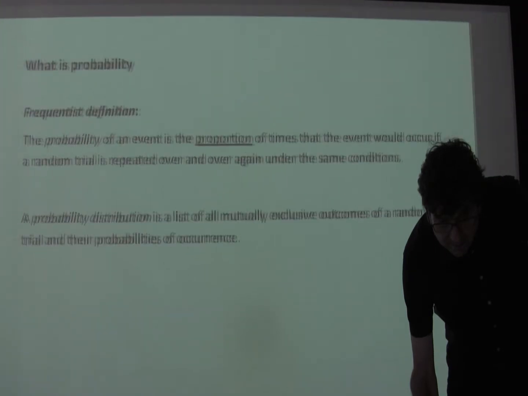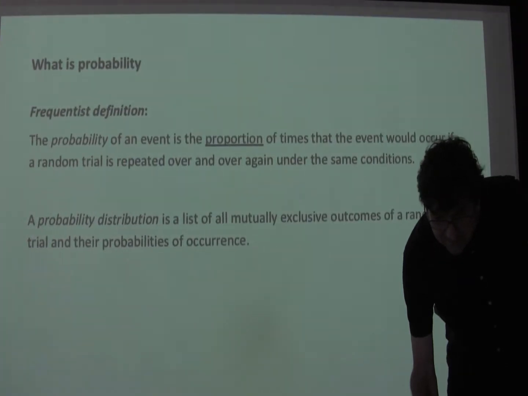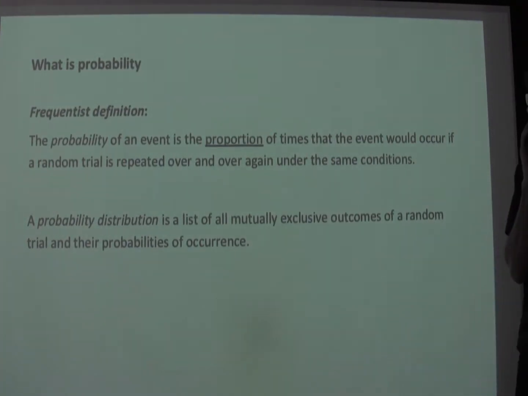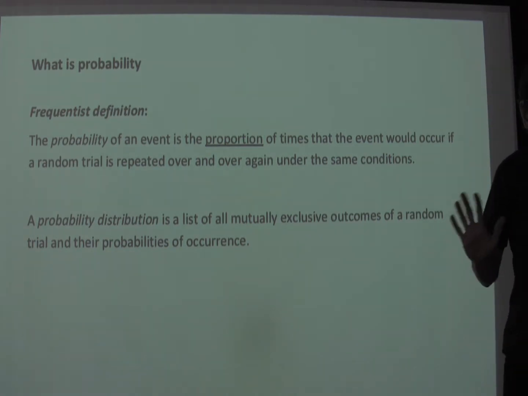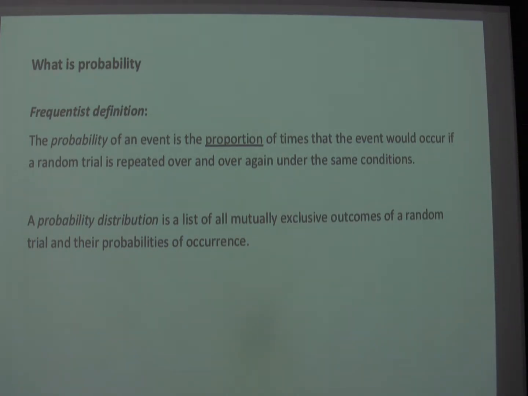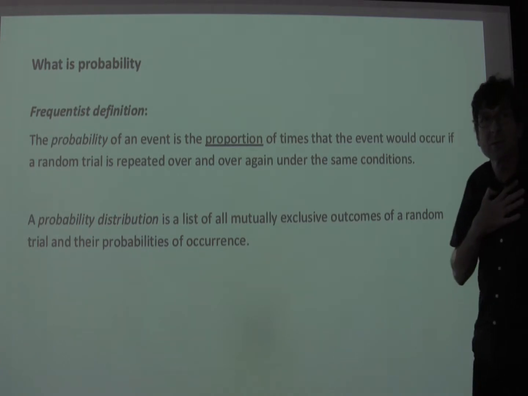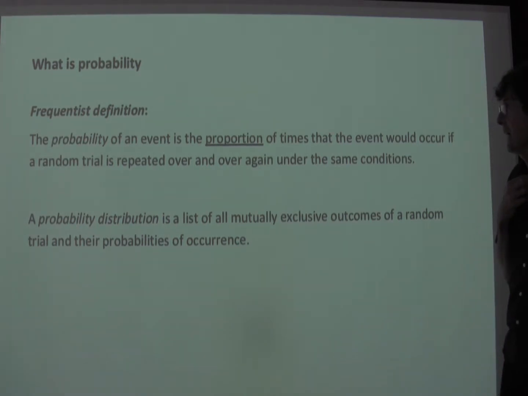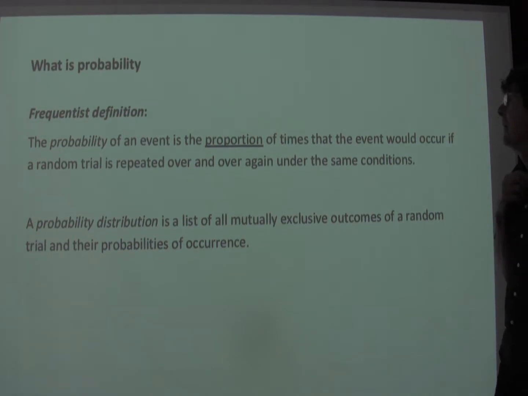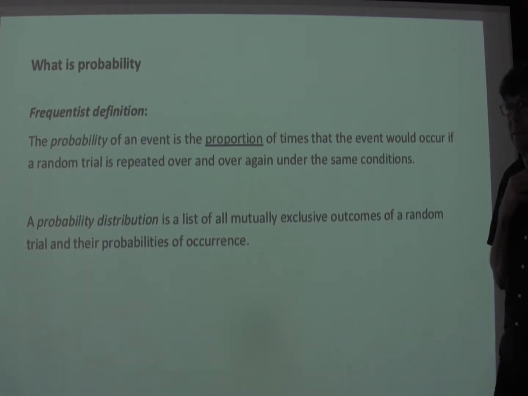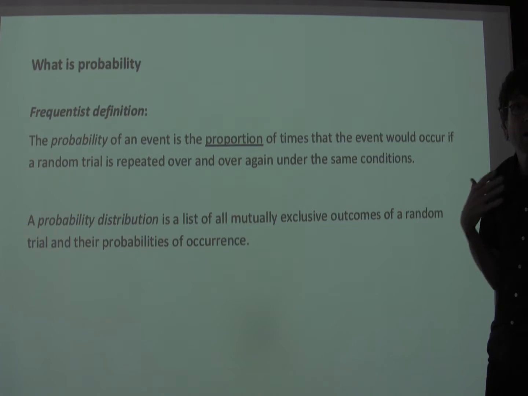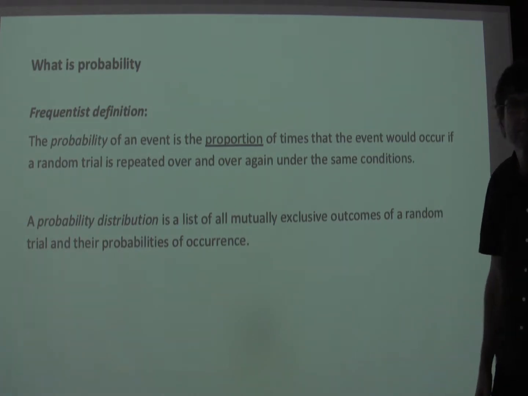I want to start with what is probability? I talked about this earlier, but let's get it straight one more time. The definition of probability that most of our analyses rely on is called the frequentist definition, which is basically a long-run frequency.